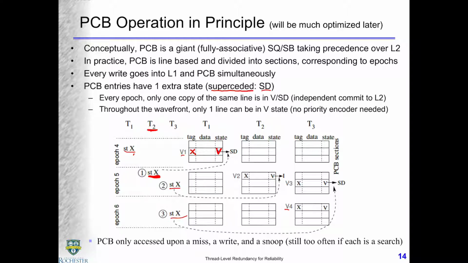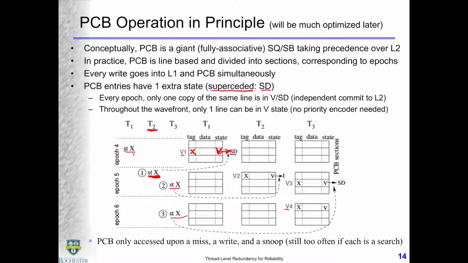So we changed the state in PCB from valid to superseded, SD. Why? Superseded simply means now this is no longer valid. So if I have an L1 miss, I check my PCB, I see the state to be in superseded state. What do I do? I cannot use that value. That value is not valid.